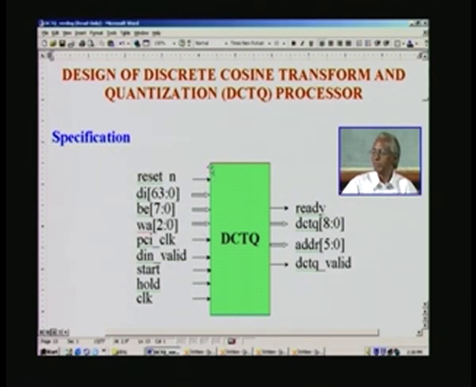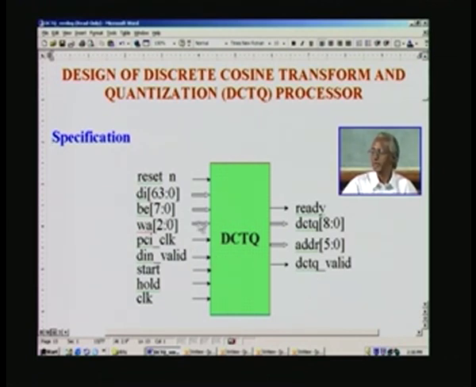Once you have this, you can communicate the image information from the host processor, or from any other processor such as the video grabber which we have seen before, into this DCT-Q, which is basically the hardware implementation after going through Verilog coding, which we are going to do shortly.